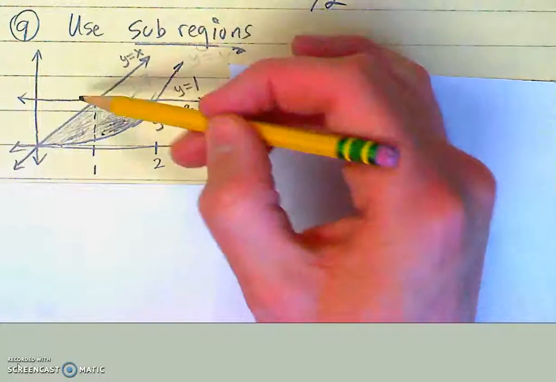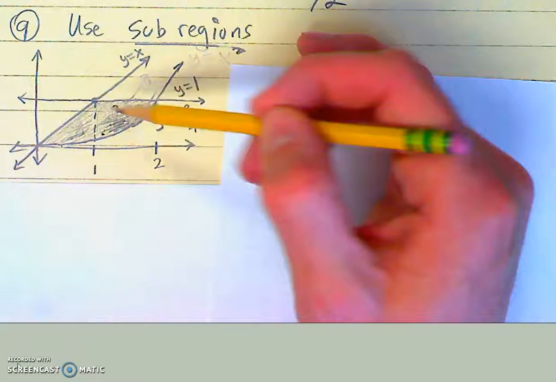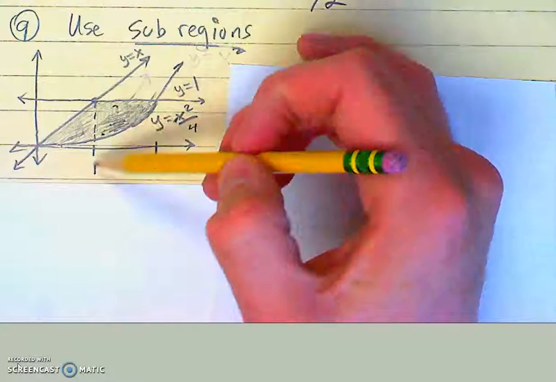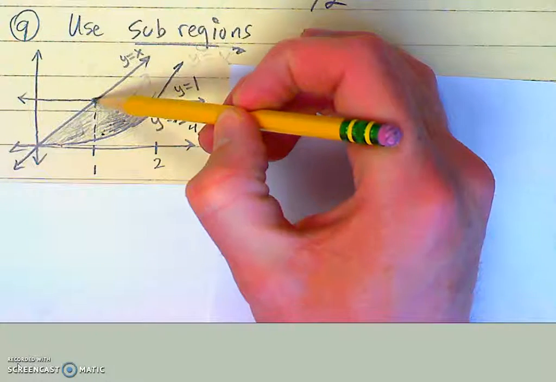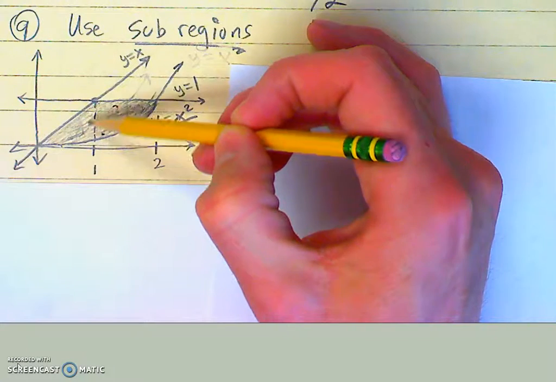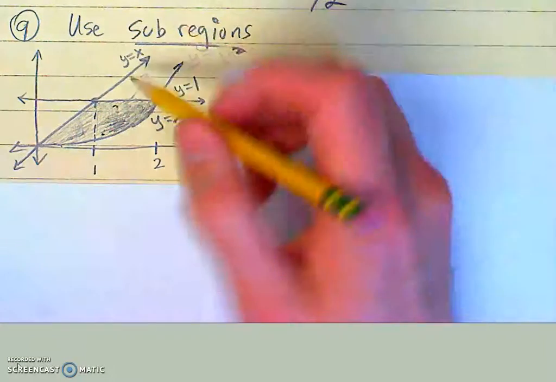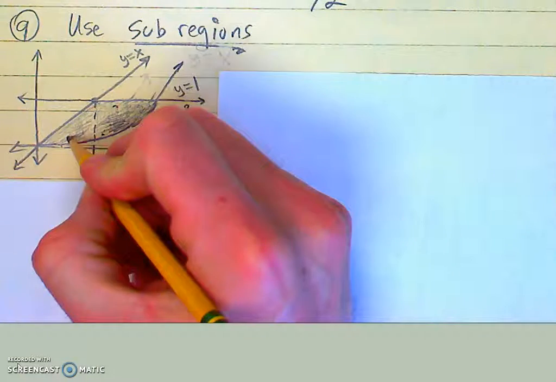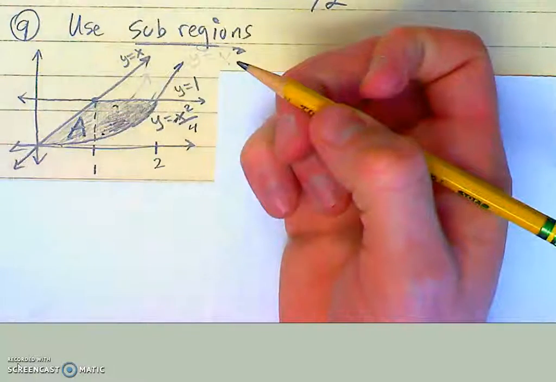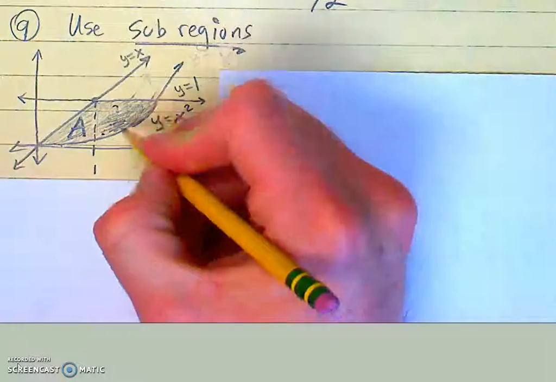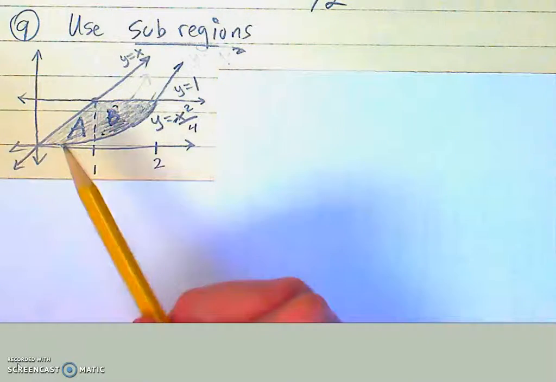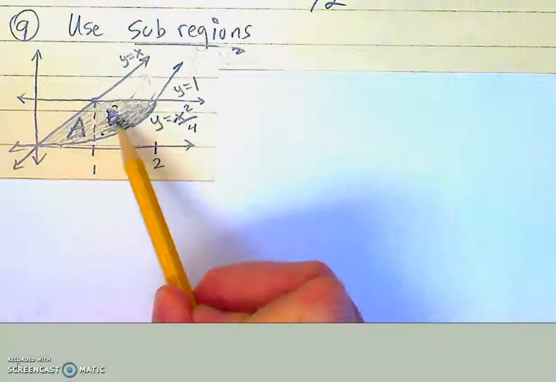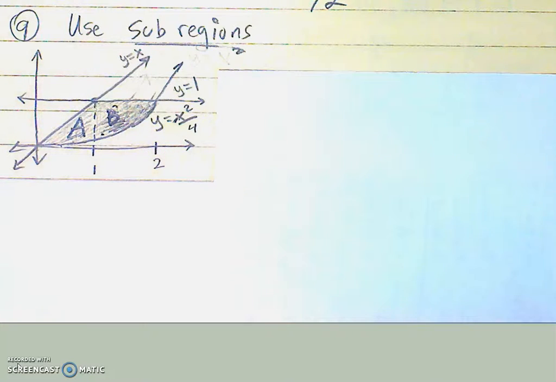So right here, and sometimes we need to use our calculator to find these points of intersection. In this case, it's given to us that at y equals 1 is where we are going to have to switch. So we could think about this first part as region A, and then if we name this region B, if we find the area of A and add it to the area of B, then we've got the area of the entire shaded region.